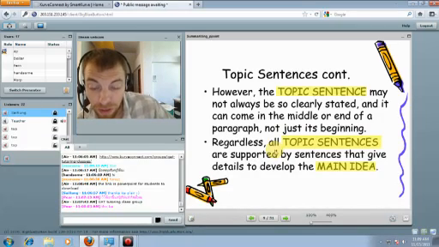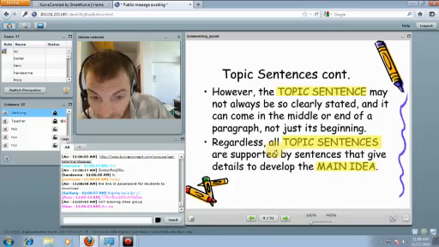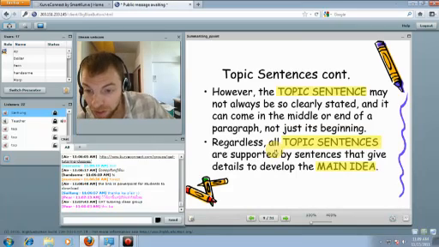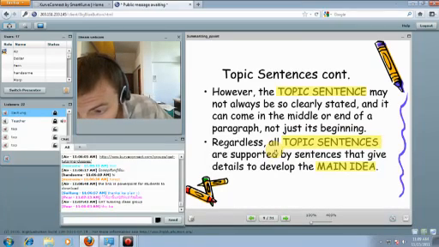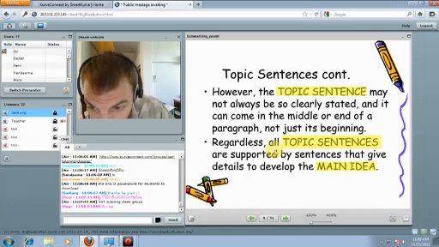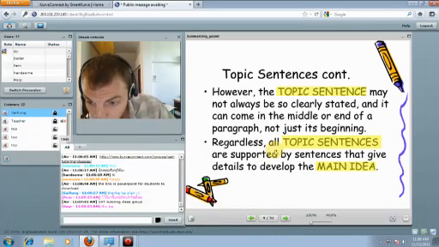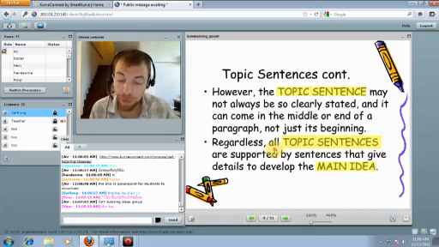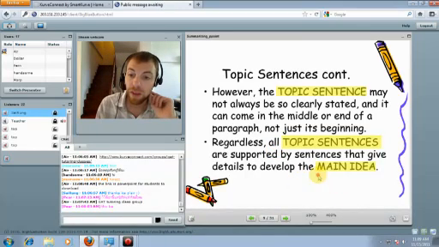But regardless, all topic sentences are supported by statements that you are able to give and help develop the main idea. So think about statements, details to help your main idea. Okay?